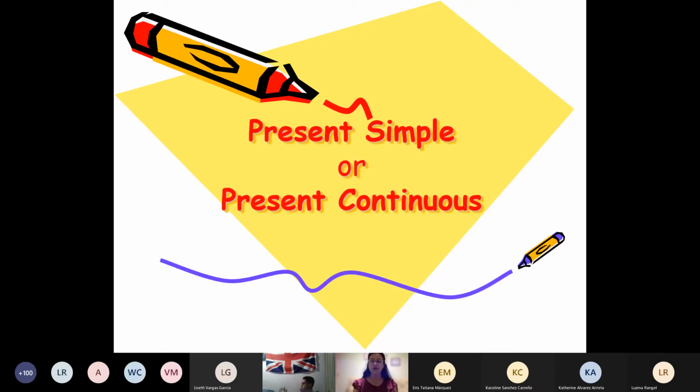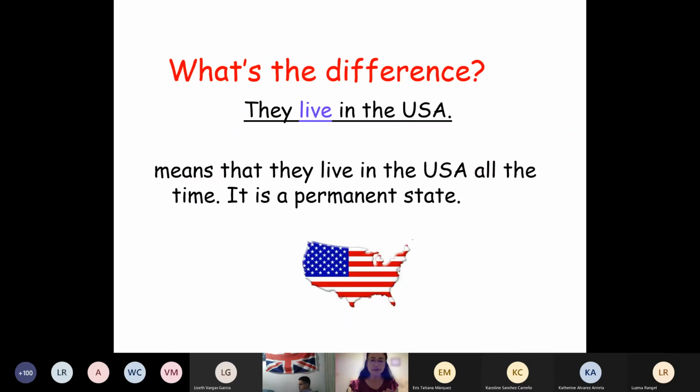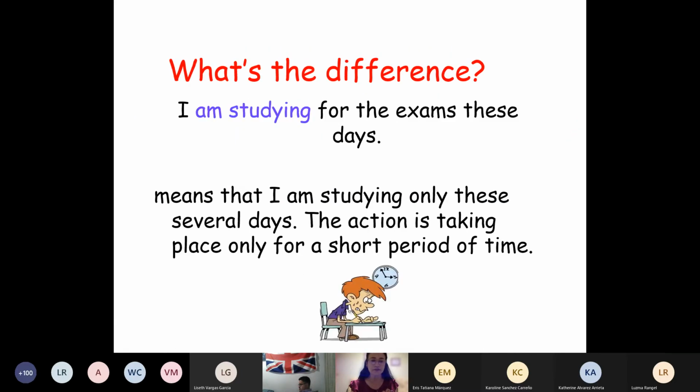So sorry. Okay. So, and you are going to read, Wilson Cano, the sentence number 3, and you are going to tell me what is the appropriate tense. If the appropriate tense is the present simple or is the present continuous.